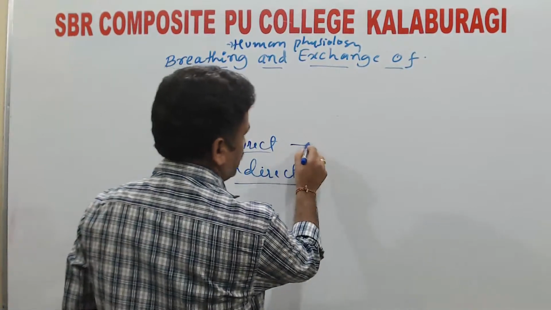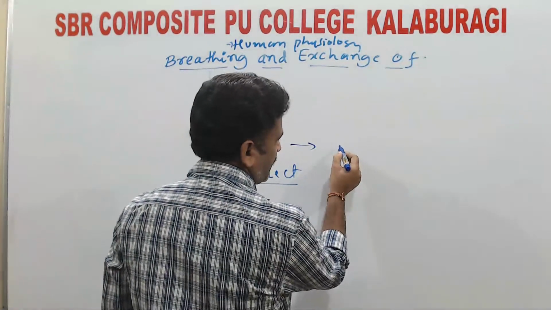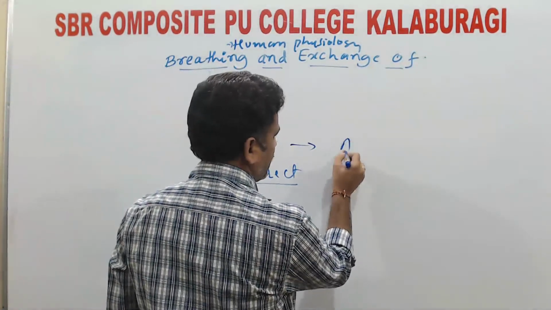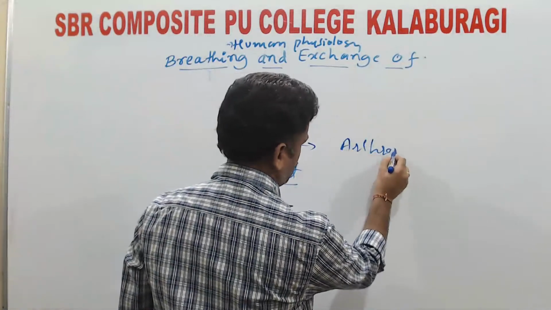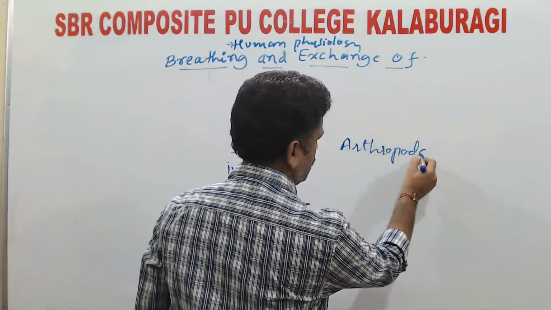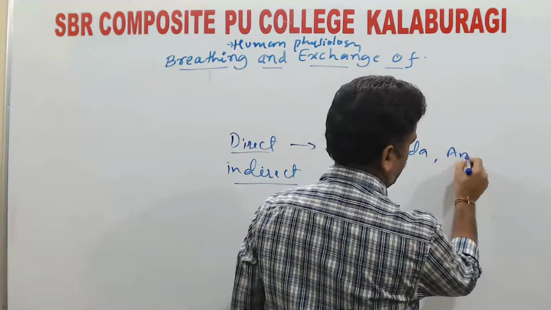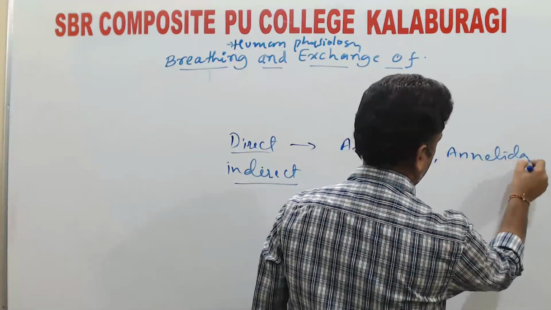Direct respiration occurs in lower organisms like arthropods, or in Annelida.